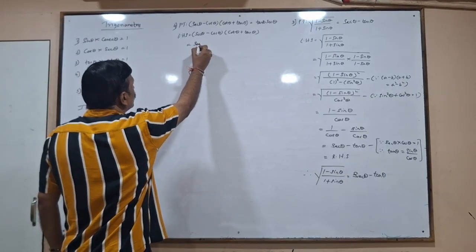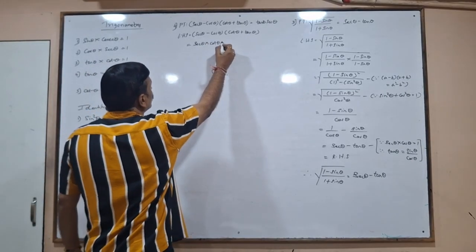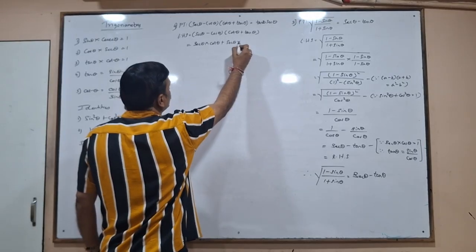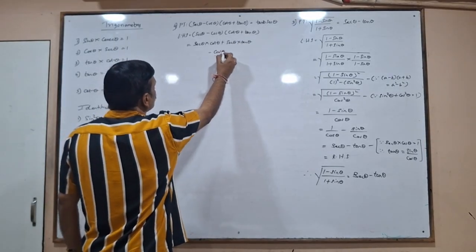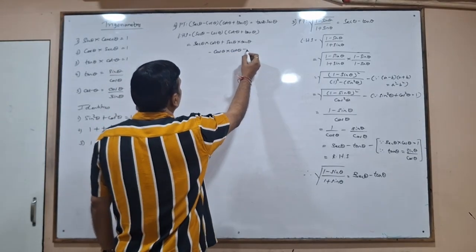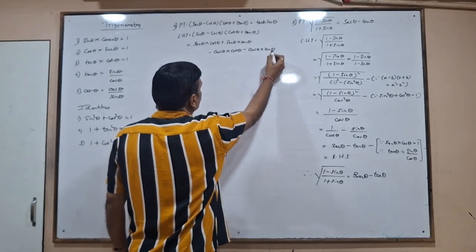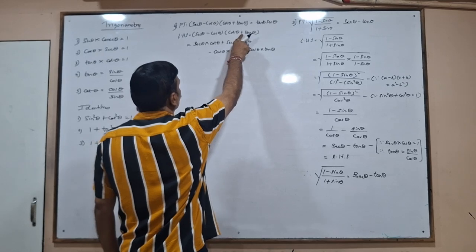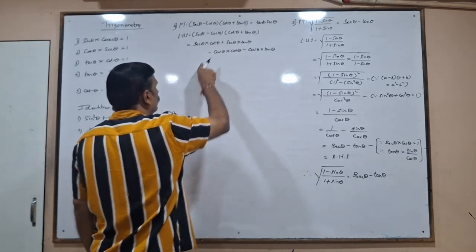So sec theta into cot theta plus sec theta into tan theta minus cos theta into cot theta minus cos theta into tan theta. Minus into plus is minus. Minus into plus is minus.